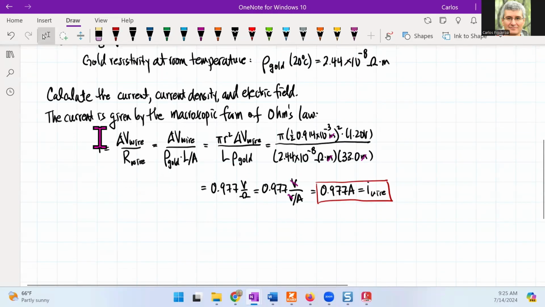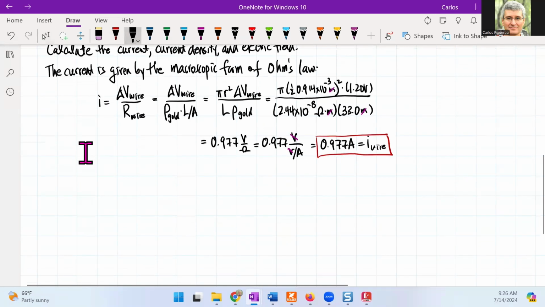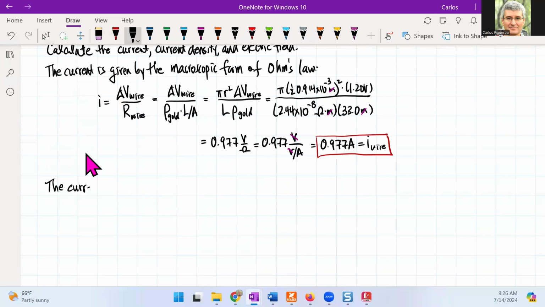So now let's go on to the current density and the electric field. The current density of gold has to equal the current of gold divided by the area.